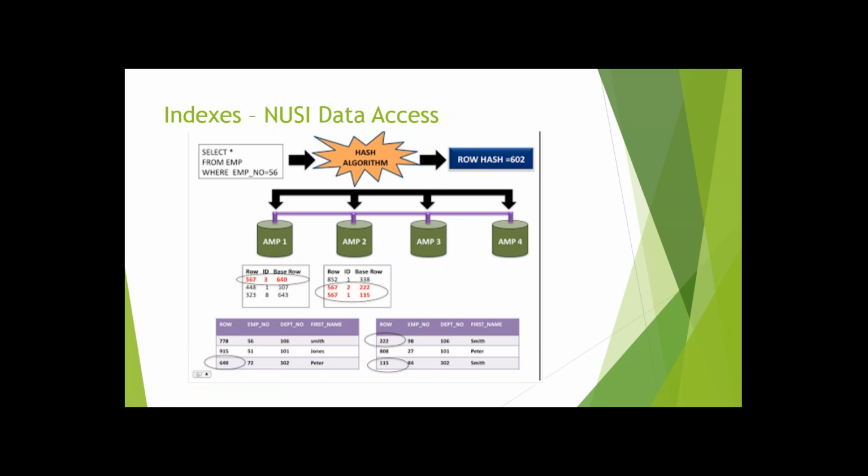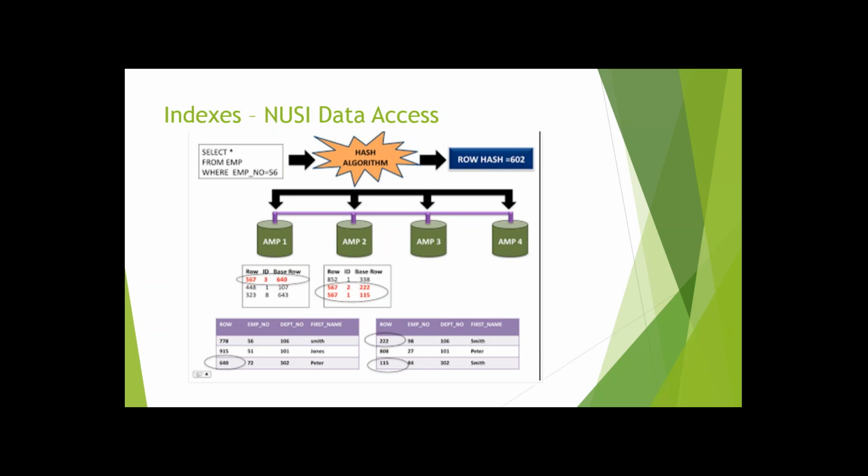The major difference between USI and NUSI is that in USI, it goes through the subtable, which will be in 1 AMP. From there on, it will go to the base table AMP, which will be another AMP. So USI is always a 2 AMP operation, whereas a NUSI could be an all-AMP operation, because it would go through all the AMPs to try to retrieve one particular value.